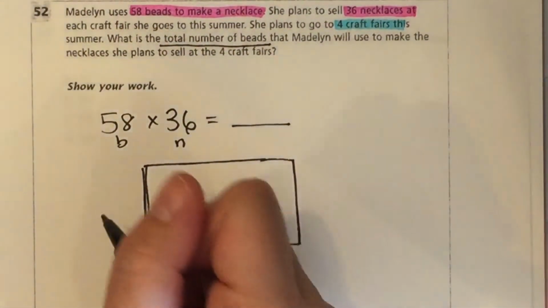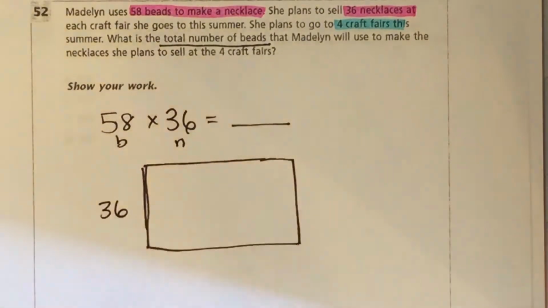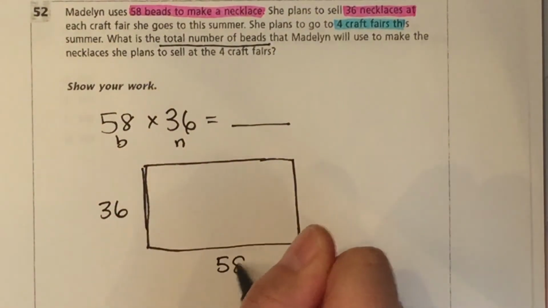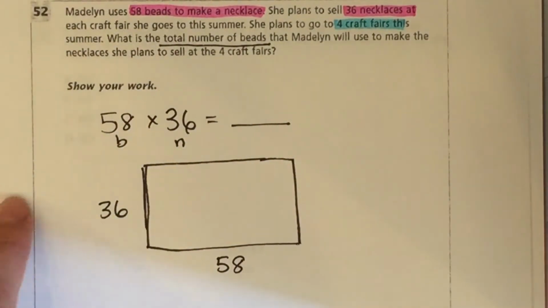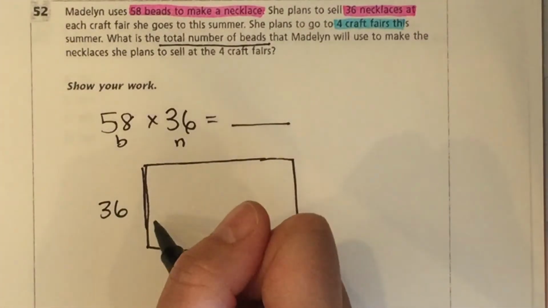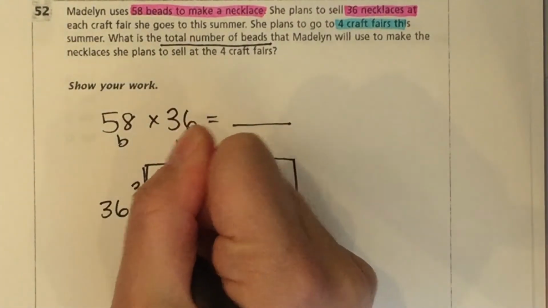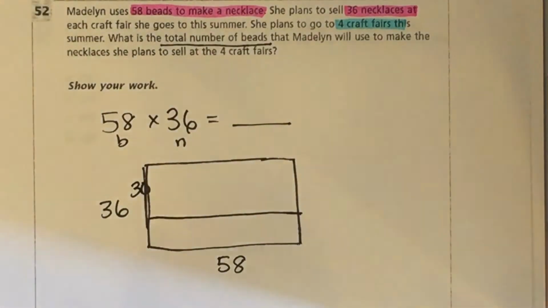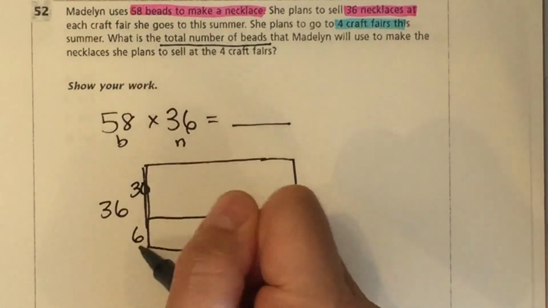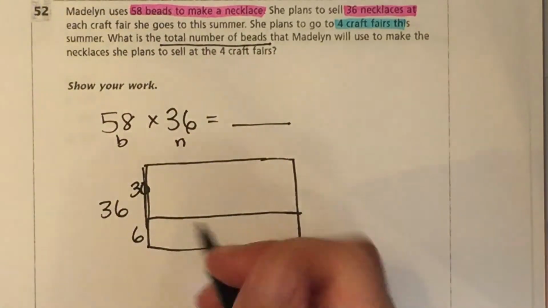All right, so this is gonna be my side of 36, and this is gonna be my side of 58. Now, I can't just multiply 36 by 58 from my head, but I can break this up into easier numbers. So I'm going to cut the side that's 36 into 30 and 6, because 30 and 6 will equal 36.